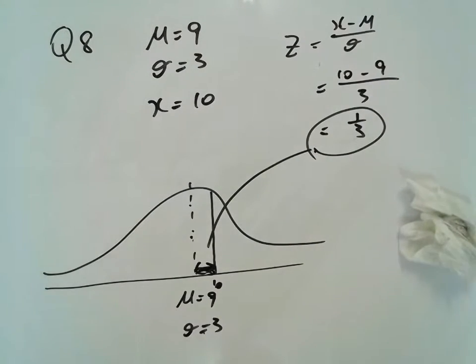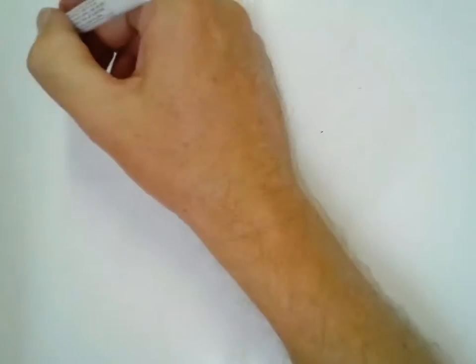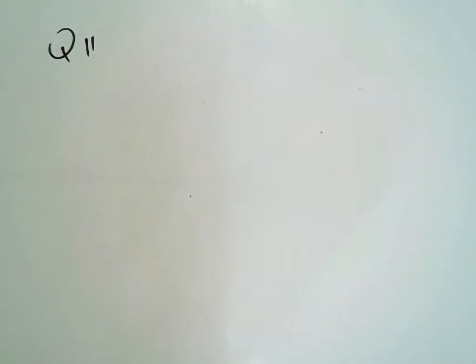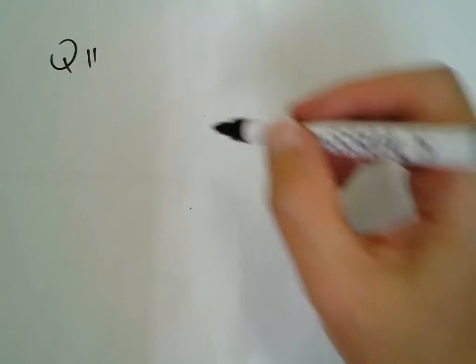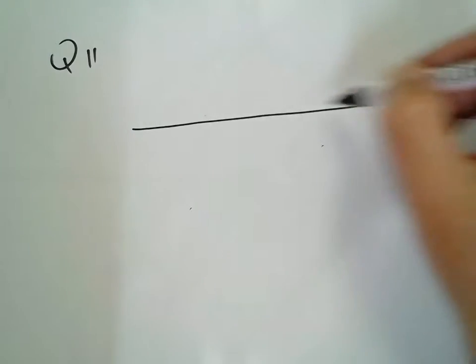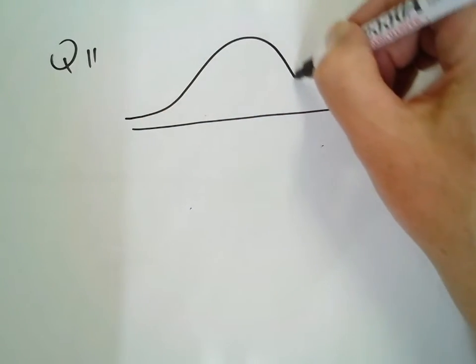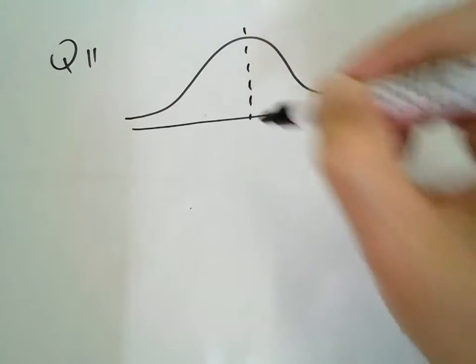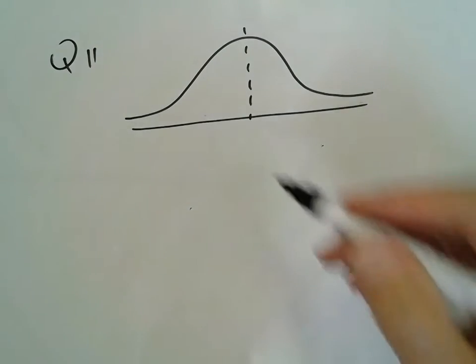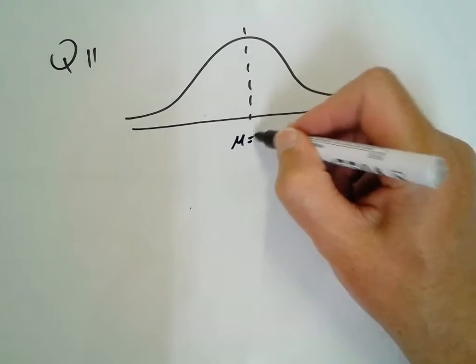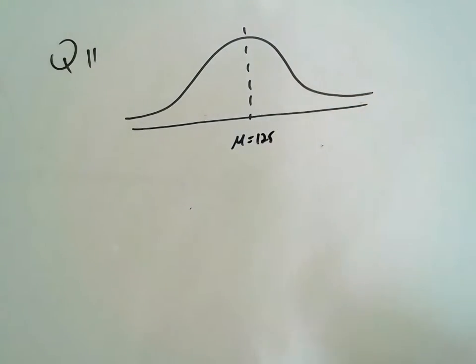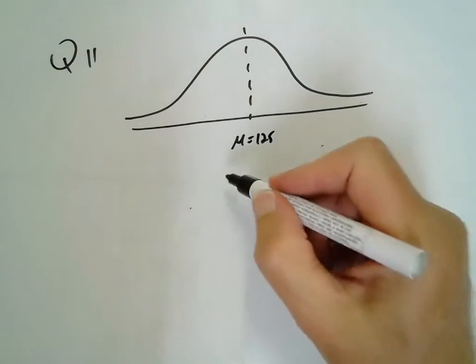One more style of question. Let's go to question 11. It's talking about some sort of light bulbs. I'm going to go straight to the diagram. Now the question says something about the light bulbs. The average light bulb lasts 125 hours, I think.